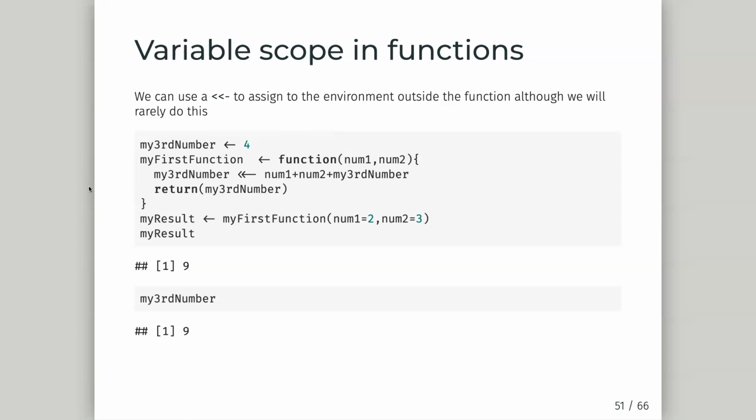You get my result, it's going to return this 9. But because I did this double assignment, I actually ended up updating it. There are very few instances that you ever need to do this, apart from maybe we're starting to do graphical user interfaces in Shiny. There are some cases you might need to do that, but basically never. But it's a nice example of why we have a slightly different assigner in R as well, rather than just using equals. We have this assignment operator and we can do this.